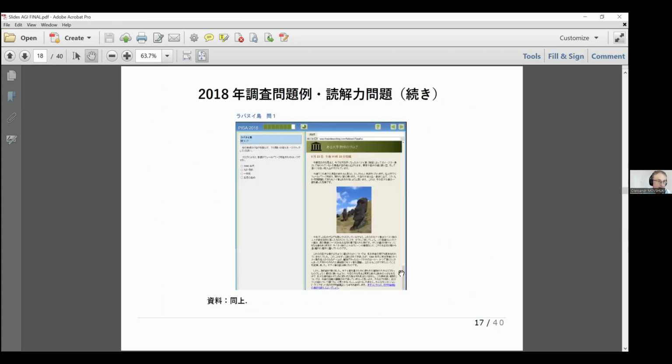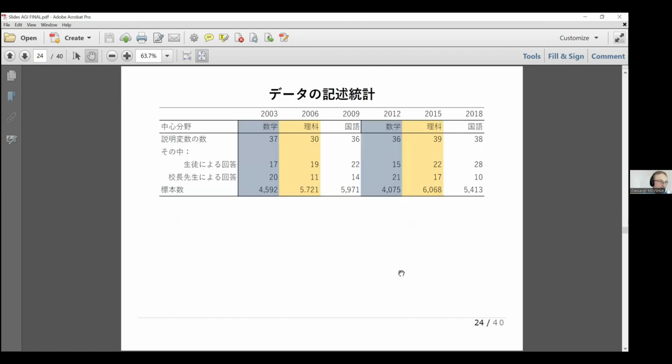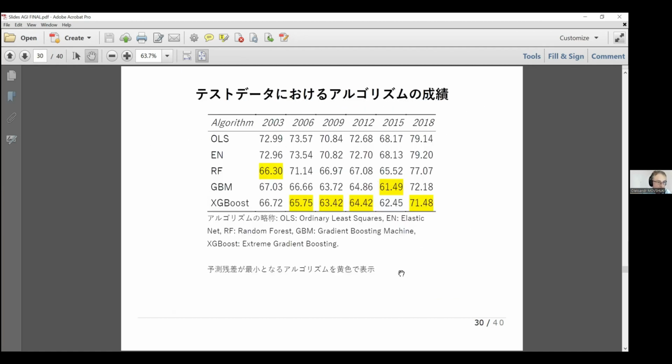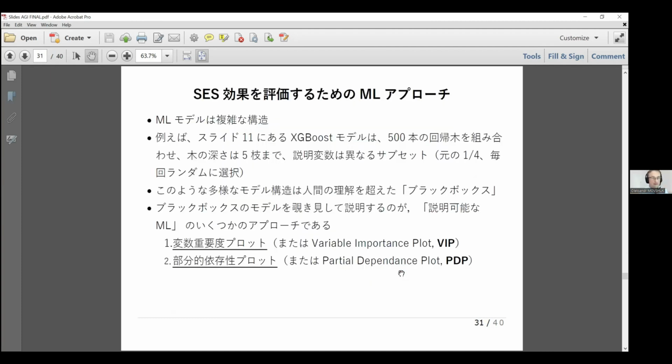So it's very difficult to combine these complicated 500 regression models with lots of interactions and different compositions of explanatory variables. Of course, no human can imagine that. But fortunately, in machine learning, there is a lot of work to explain these complicated models. It's called explainable machine learning.